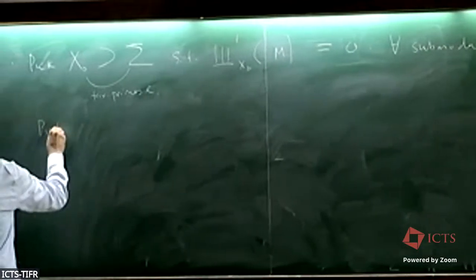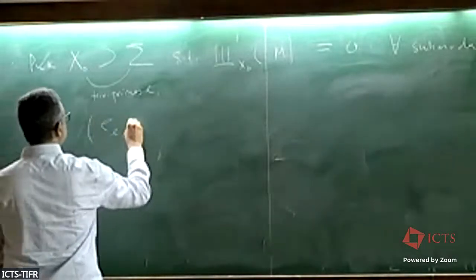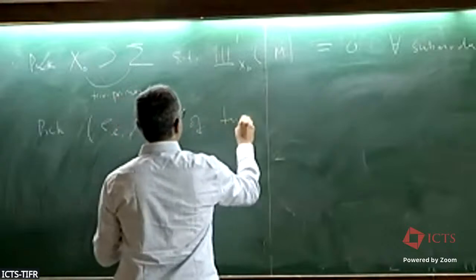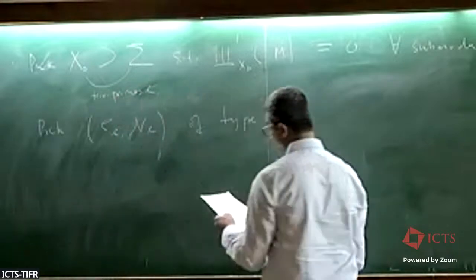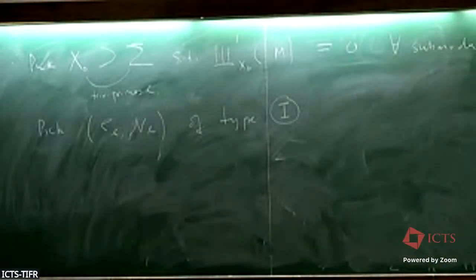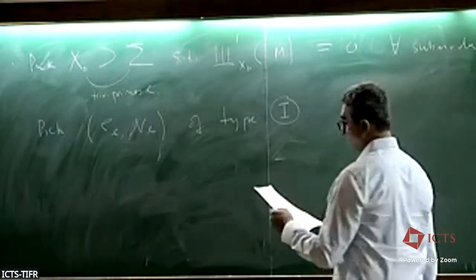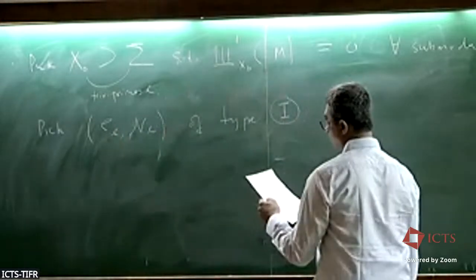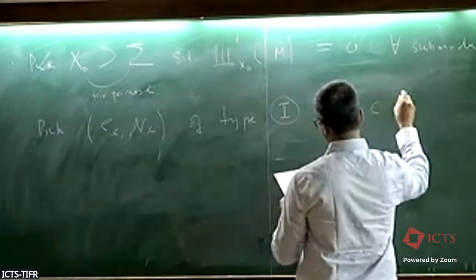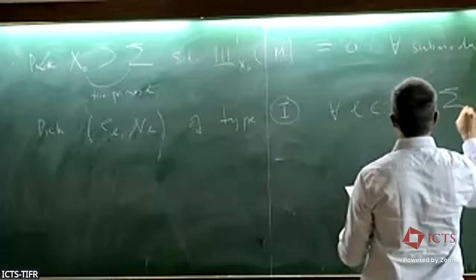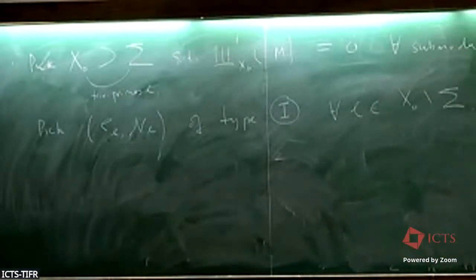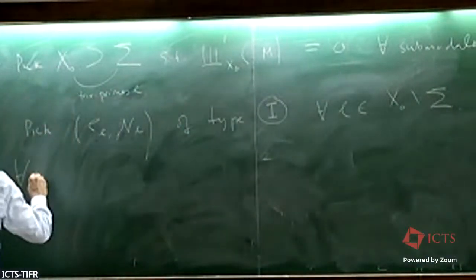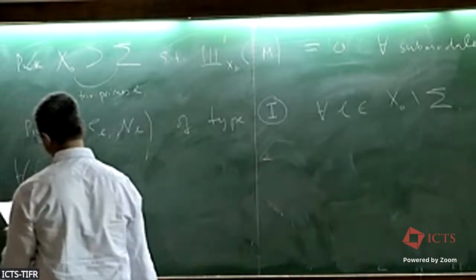I'm going to try and give a sketch, but try and give details so that it's not completely superficial. So they have something called type 1, type 2, and type 3 primes. They impose that at these primes there's some deformation conditions. So these C_Ls and N_Ls are of type 1 for all L belonging to X_0 minus sigma. So this is one more thing. And then one more little preparatory step, which is independent of this step.